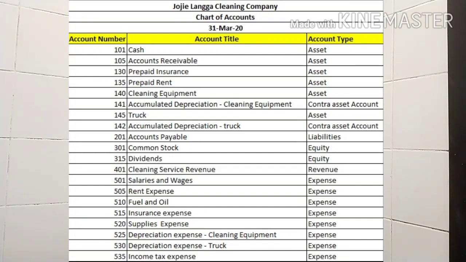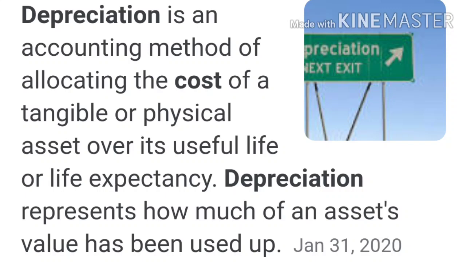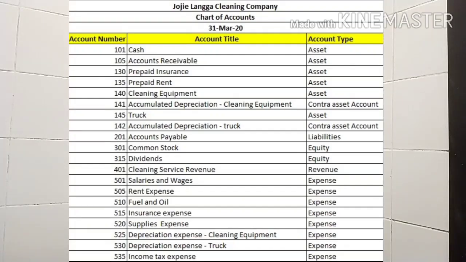Next, rent expense, the rent of the company. Insurance expense, meaning the expenses related to insurance. Supplies expense, expenses related to supplies. Depreciation expense, cleaning equipment, meaning the expense side of the asset, cleaning equipment. Depreciation expense, truck, meaning the expense part of the asset truck. Later I will explain to you how to compute this depreciation. Income tax expense, the expenses related to income tax imposed by the government.